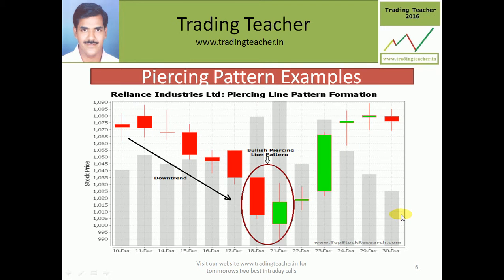Here is another example, Reliance Industries, which showed a piercing pattern formation. Reliance was falling from around 1090 and touched a low of about 990. After that the piercing pattern was formed, and Reliance started to move up again.